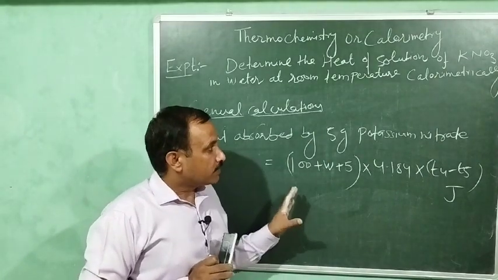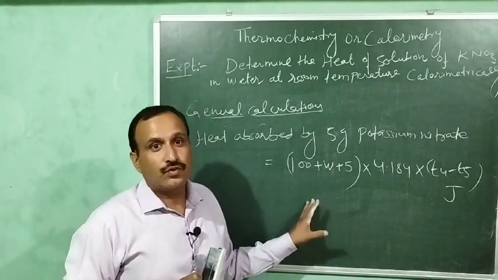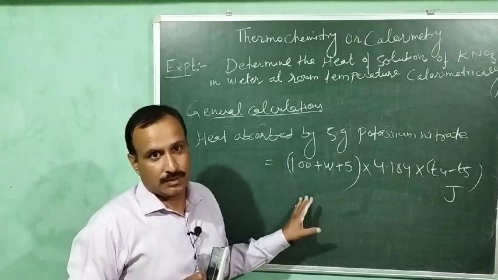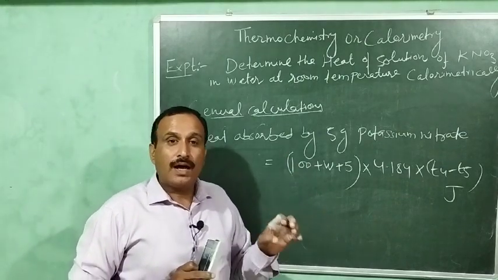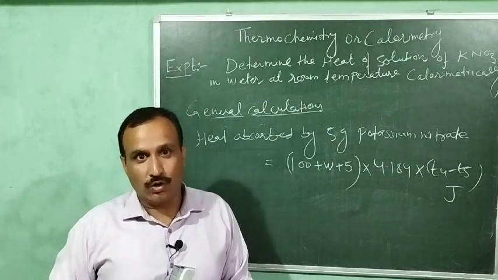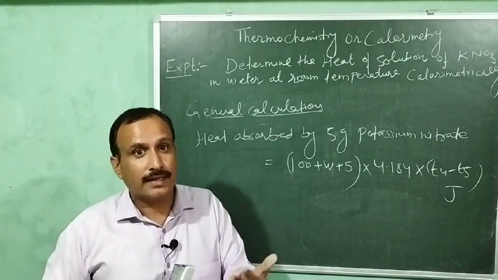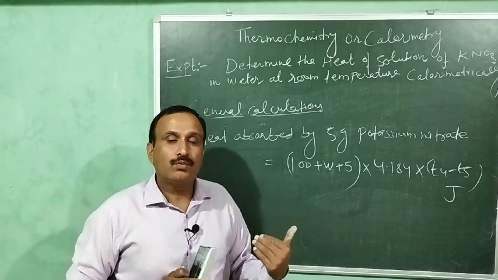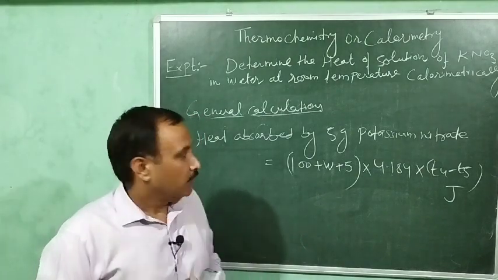Okay, so friends, now this heat is for the 5 gram of potassium nitrate. Now we will have to calculate it for 1 mole, and 1 mole is, as I said earlier, the molecular mass.